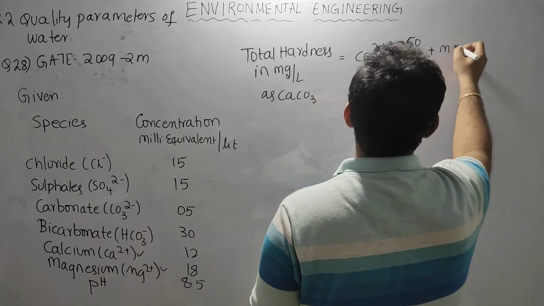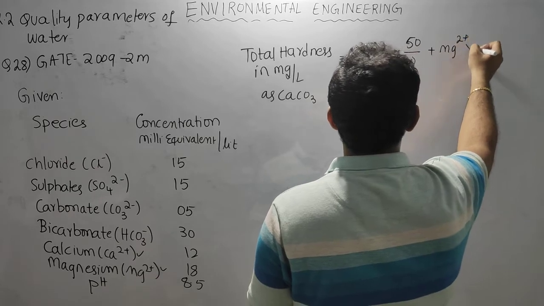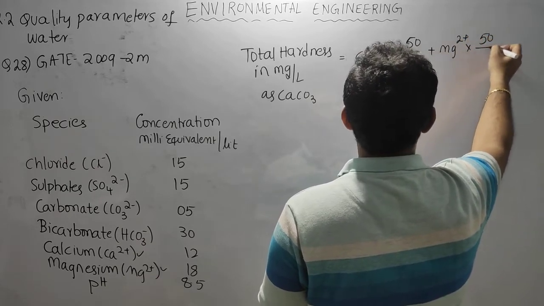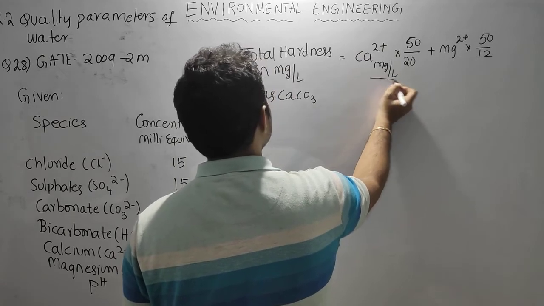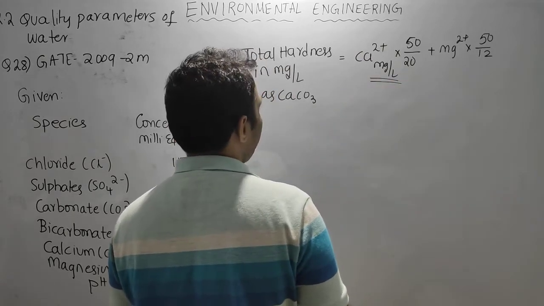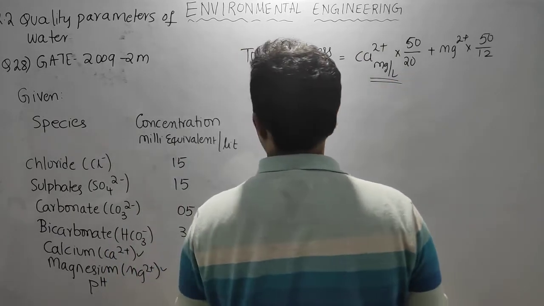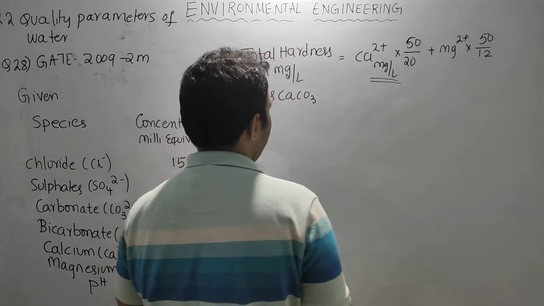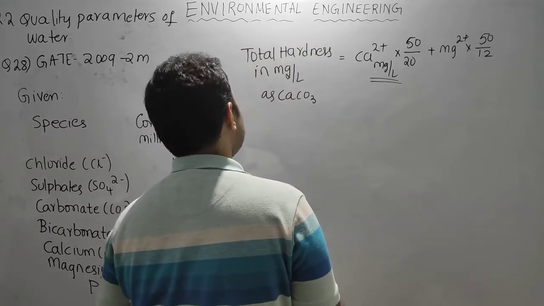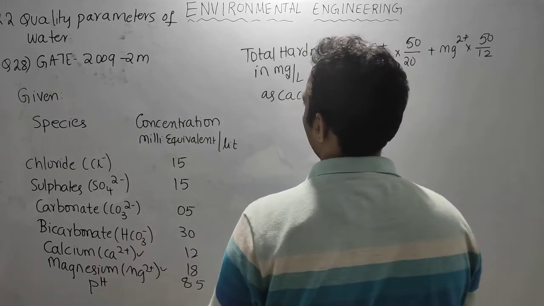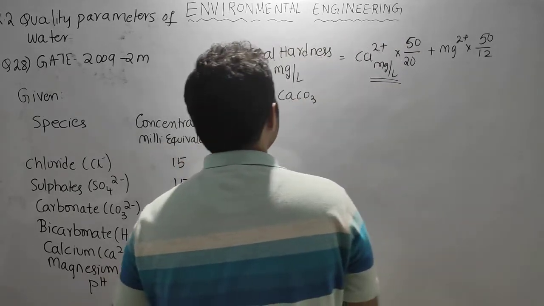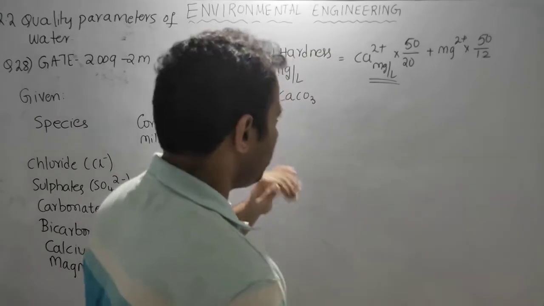plus Mg2 plus into 50 by 12. Actually, when the concentration is in milligram per liter, but here the concentrations are given in milli equivalent per liter. So first of all, I need to convert these concentrations from milli equivalent per liter to mg per liter.